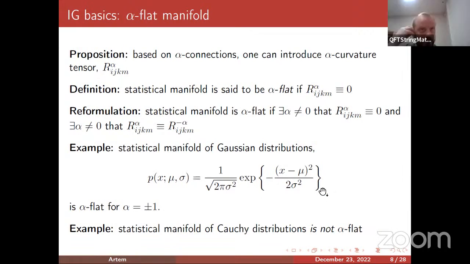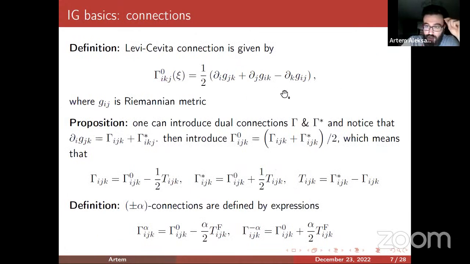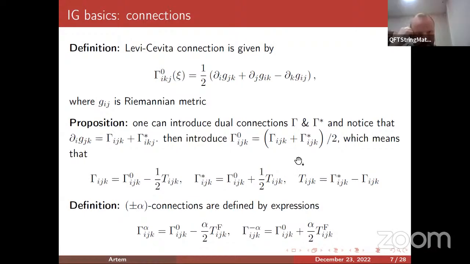I'm just trying to understand what this connection is. So you're saying there is a special connection. I should compute the Levi-Civita connection gamma 0, and then I compute. This one is not flat, of course. I mean, the Riemann tensor is not 0 for AdS2, which is not a flat space.